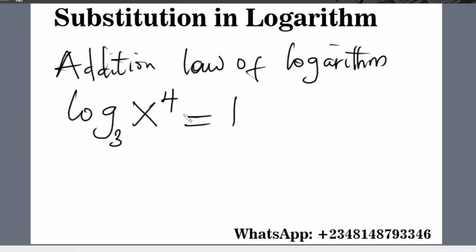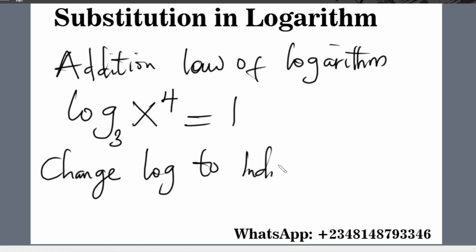Now the next task is to change the logarithm to indices. In order to change logarithm to indices, simply raise the base to power what you have in the right hand side and then equate it to the argument.